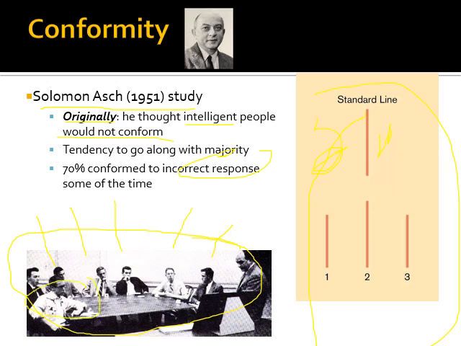So they put pressure on a research participant to change their answer so that they could be consistent with the group. And what this study identified was that 70% of the subjects conformed to an incorrect response at least some of the time. So that's the pressure that conformity can really place on people.